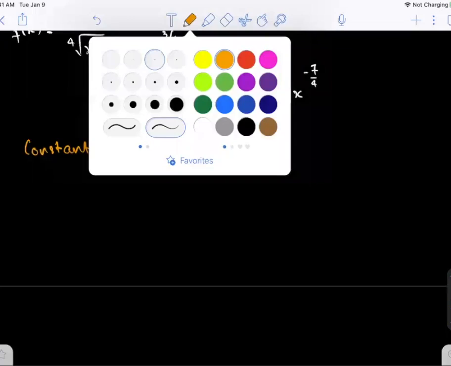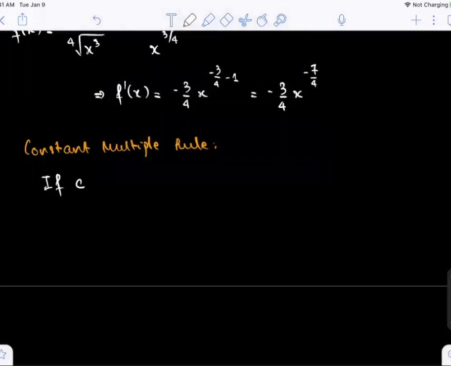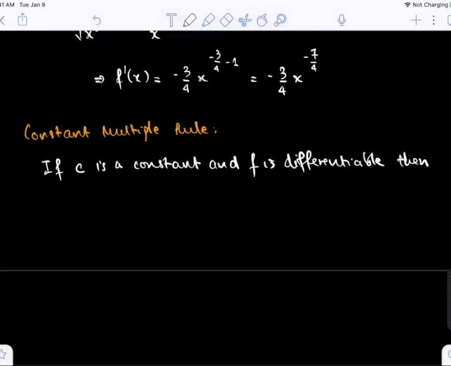So if c is a constant and f is differentiable, then g of x is equal to c times f of x implies that the first derivative is c times f prime of x. Right, so the constant c is multiplied with another function.